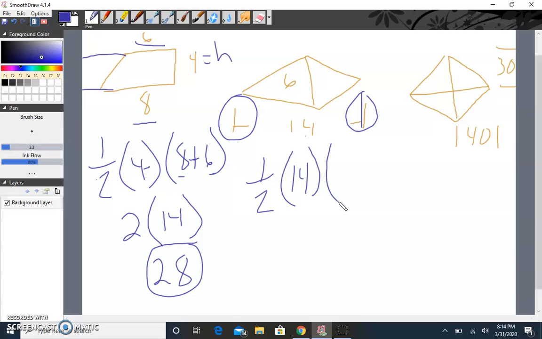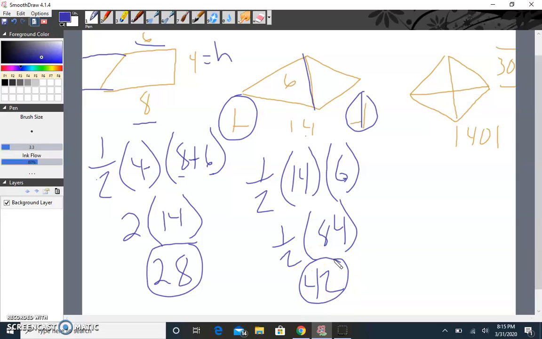And this line going across is telling us our distance 2. So we have 1/2 of 14 times 6. 14 times 6 gives us 84. 1/2 of 84 is 42. So our area for this kite is 42.